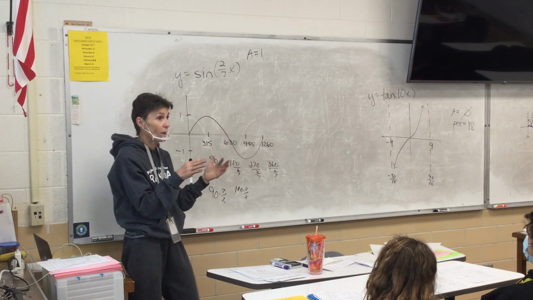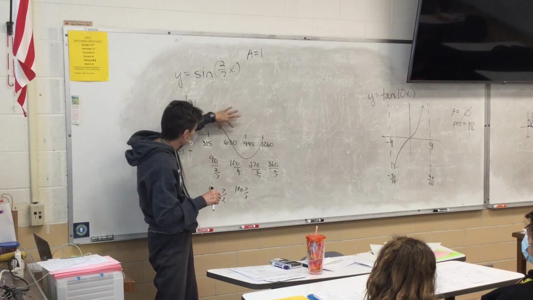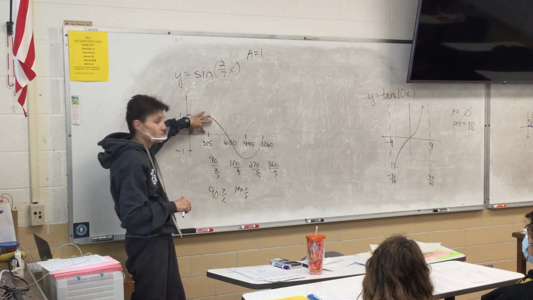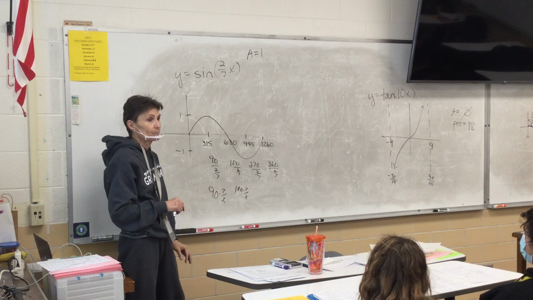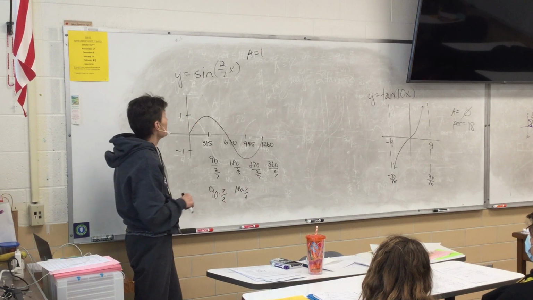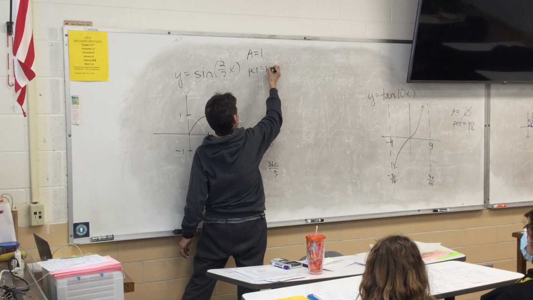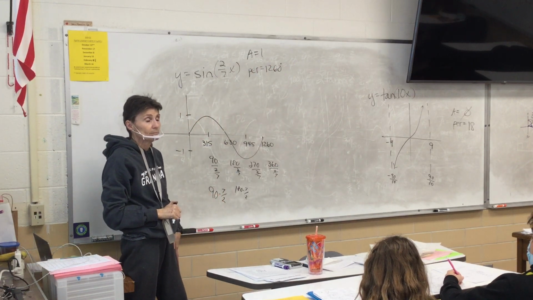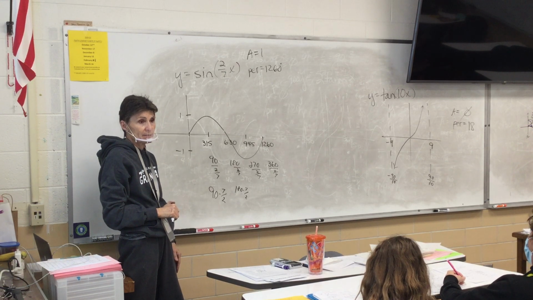You can do it either way, whatever you want, but that will always be the case, that these blocks here are equal. So once you know what the first one is, you can kind of just do that. So, amplitude is 1, and period is 1260 degrees, right? Easy peasy.